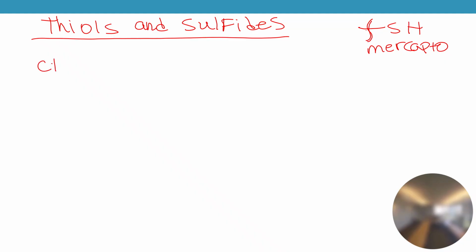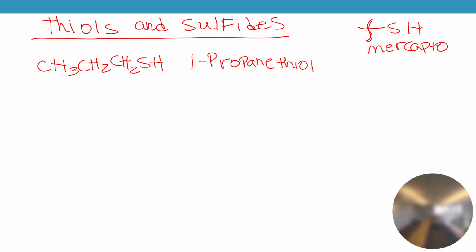So first let's name simple thiols as derivatives of alcohol. So if this was an OH, this would just be 1-propanol. So we're going to name this 1-propane thiol. No space.